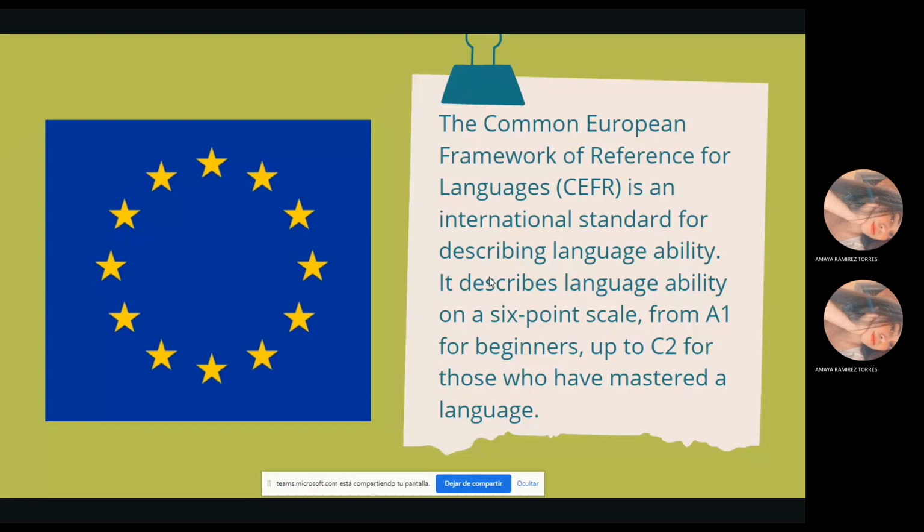It describes language ability on a 6-point scale from A1, for beginners, up to C2. As we advance in this exposition, we will see the differences between A1 and C2. The intermediate levels are the B. So we have A1, A2, B1, B2, C1, and C2. For those who have mastered a language, we have the C2.